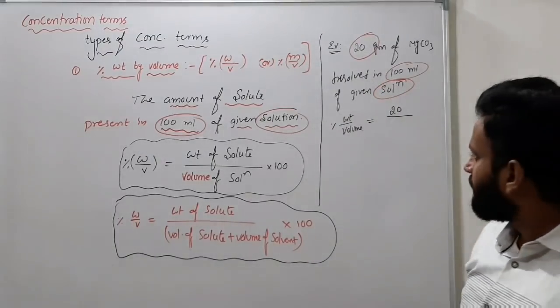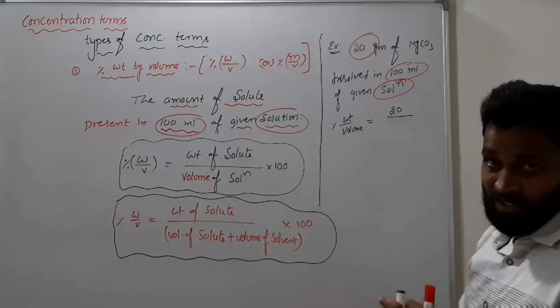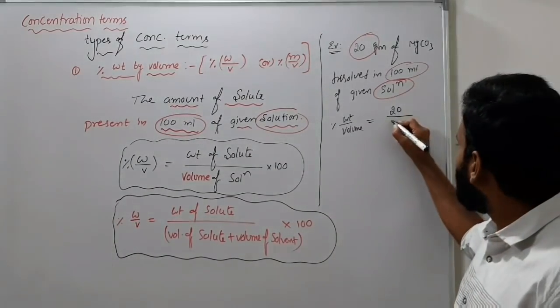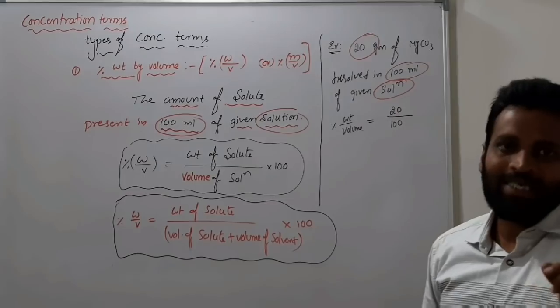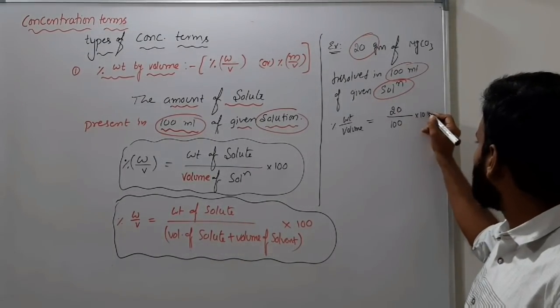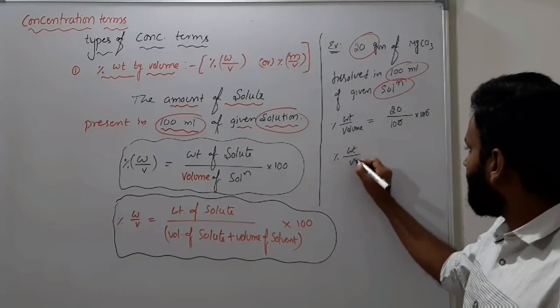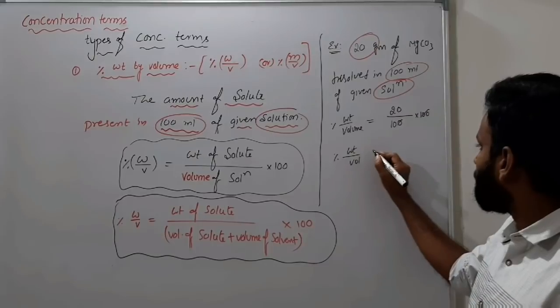So percentage weight by volume will be 20 by 100 into 100, just for simple understanding. So this will be cancelled. Now percentage weight by volume will be just 20%.